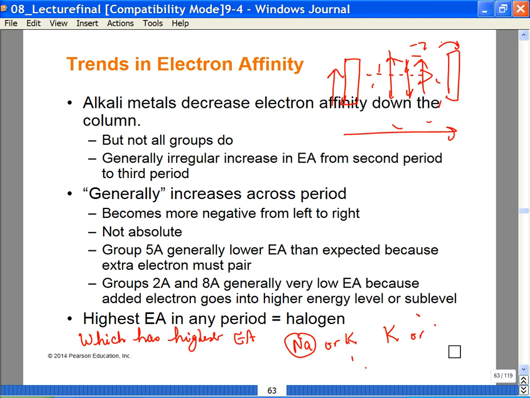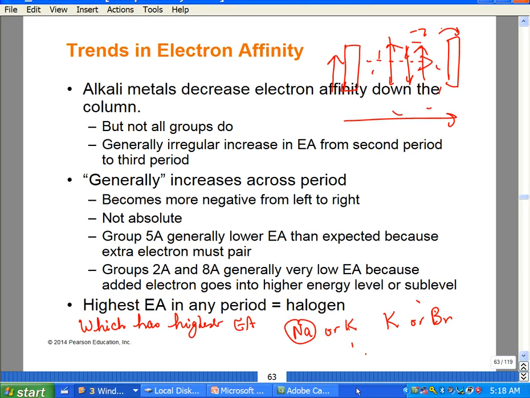Actually, that's a bad example. Let me give you a different one. Okay, potassium or bromine? Remember, we're going across, so we can pretty much speculate.